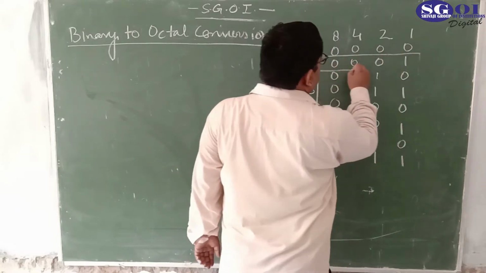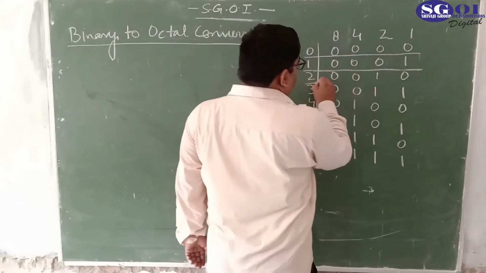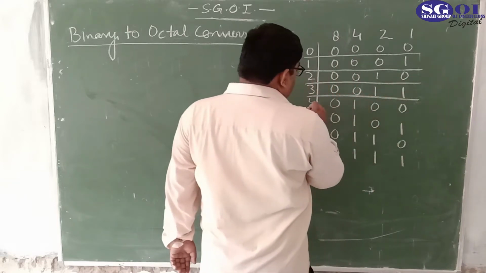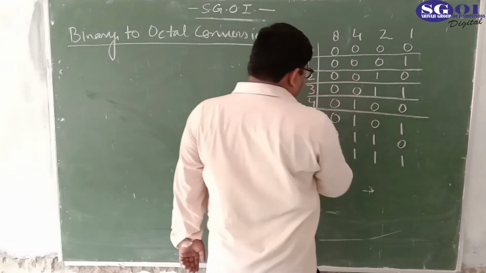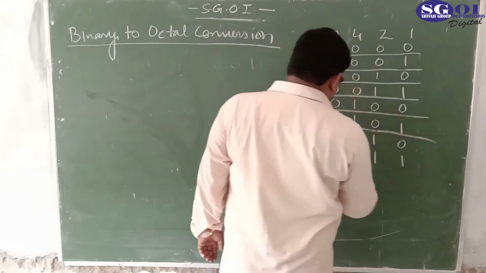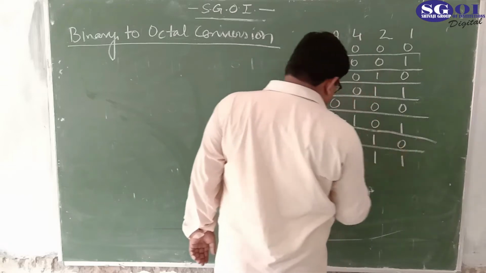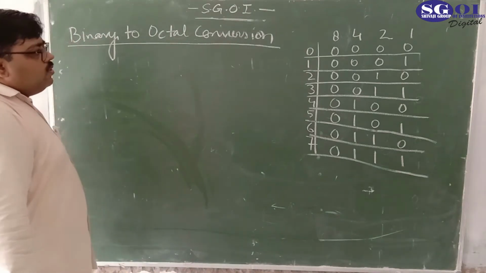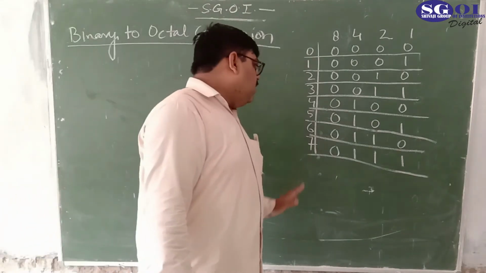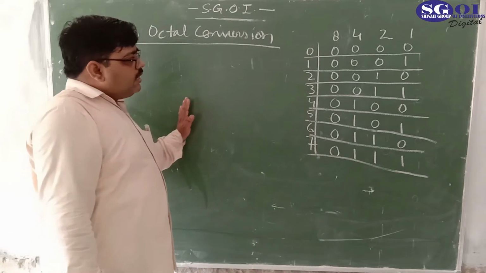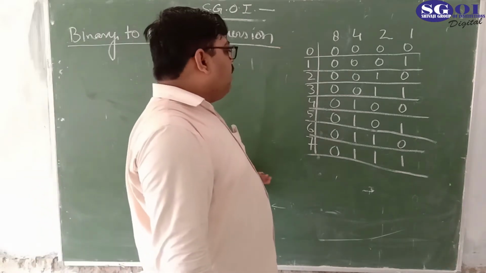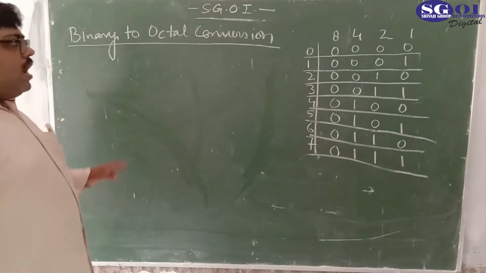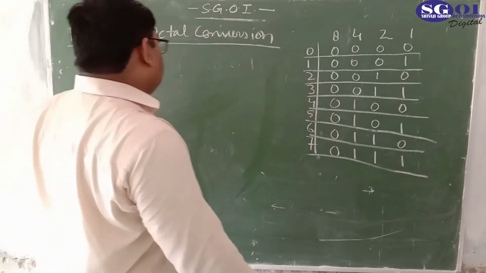So here you can see the binary value of 1, 2, 3, 4, 5, 6 and 7. See the binary value of all the numbers.